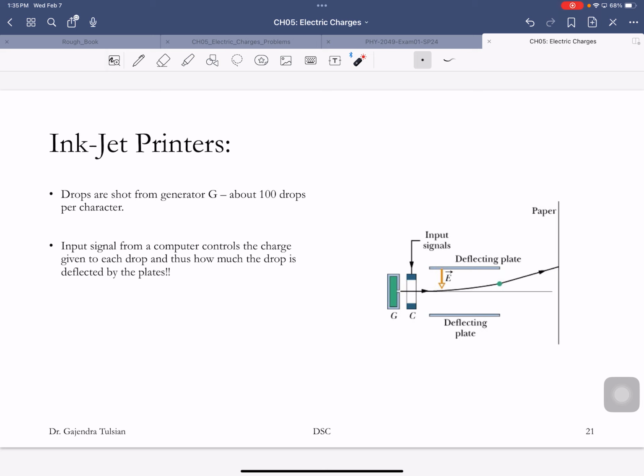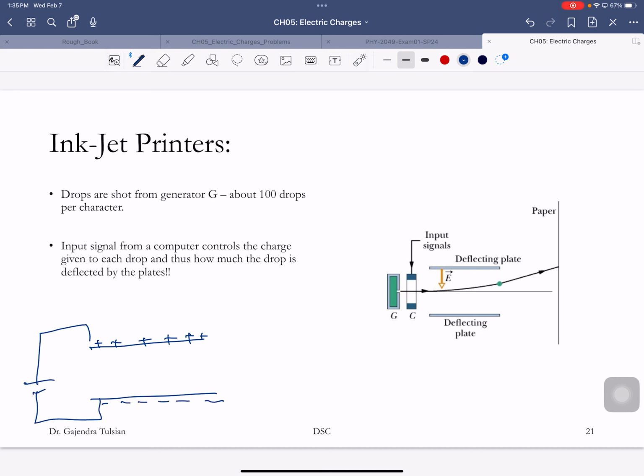And what you do is, here are two deflecting plates, which have an electric field between them. We'll talk about this in a couple of chapters, how to create electric fields. Essentially, those are capacitor plates. You charge this plate positive and this negative, and you can do that by connecting it to a battery.